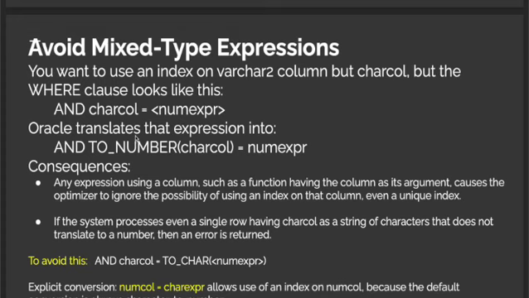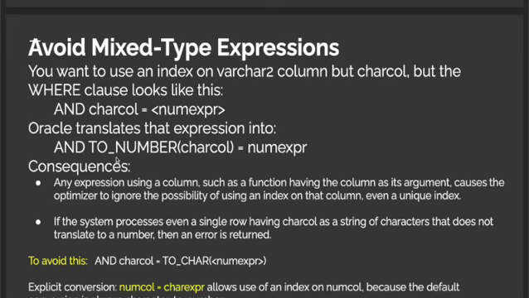When the number expression is an expression of number type, for example 1, user environment session ID, or num column, Oracle translates that expression into to_number char column equals number expression. Because you gave a number expression, Oracle will convert the char column to number.